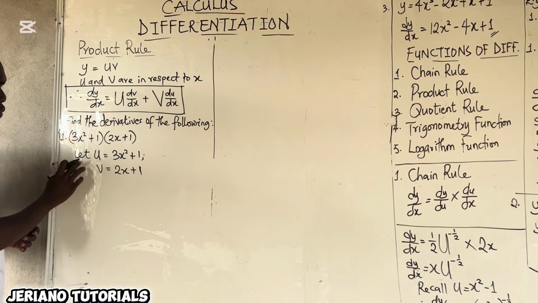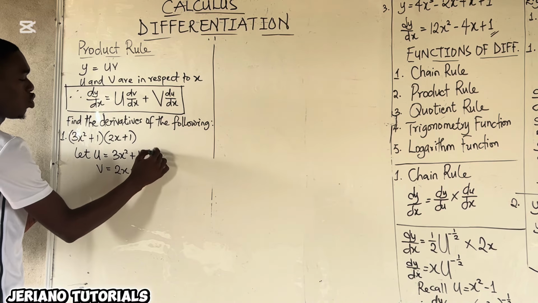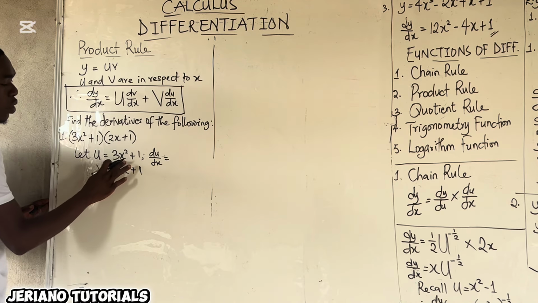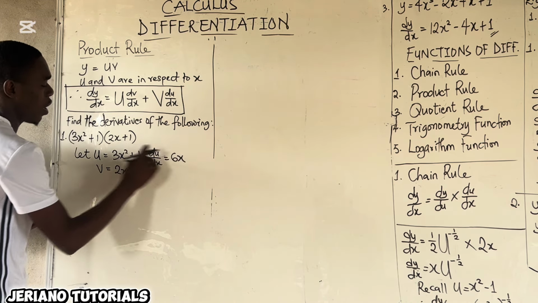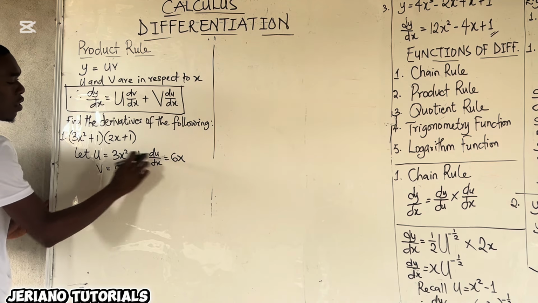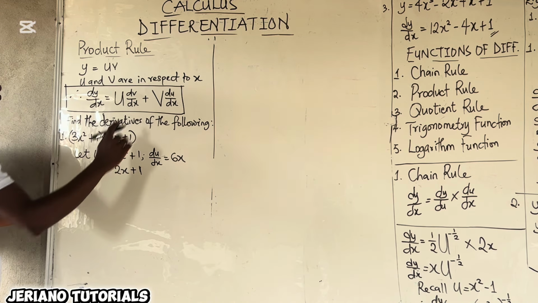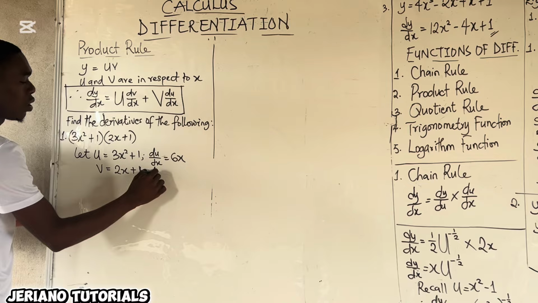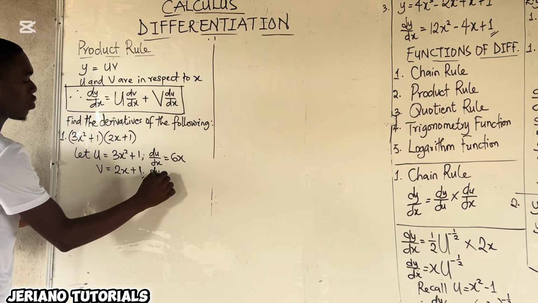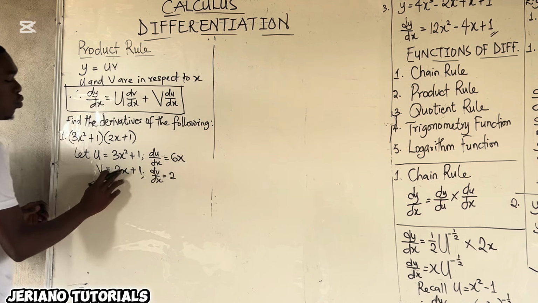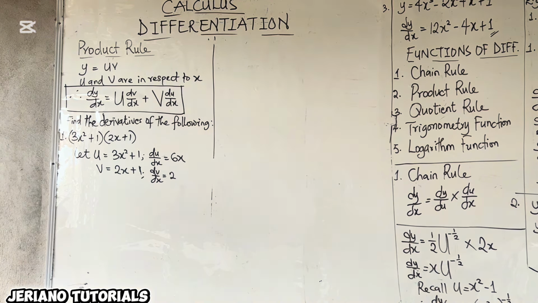Now, we want to differentiate. Remember, u and v are in respect to x. So du/dx becomes 6x: 2 to the back, 2 times 3, 6x, and the 1 is trashed out. Now dv/dx, we differentiate v with respect to x, and this is going to be 2, and then 1 is trashed out.